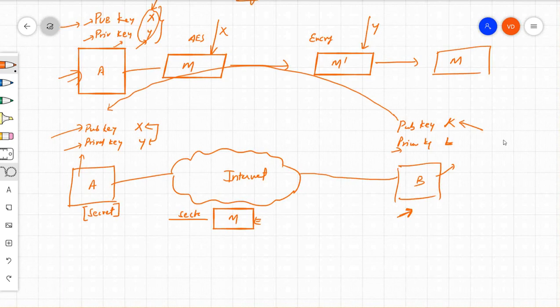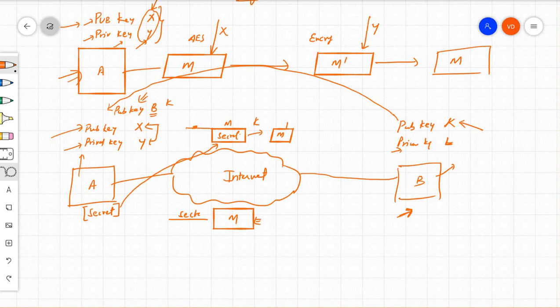So I will be having three keys here. Public key of B, I will be having there also, which is K. So what I will do is, I will take this public key K. I have this message M, which will be containing my secret key, this one. What I will do is, I will encrypt this message using the public key of B, which is K, and the new message is going to be M dash, which is the encrypted one.